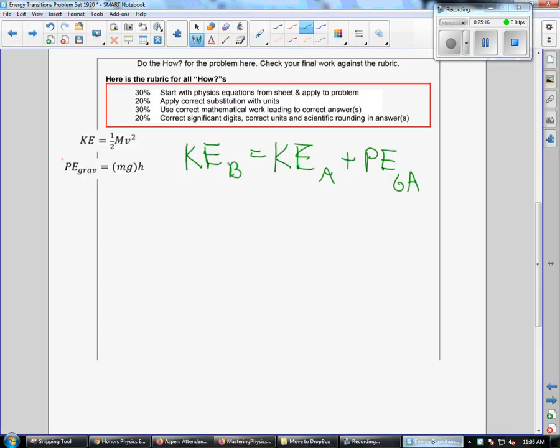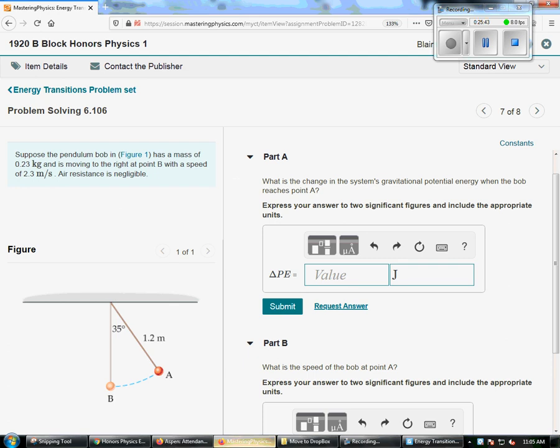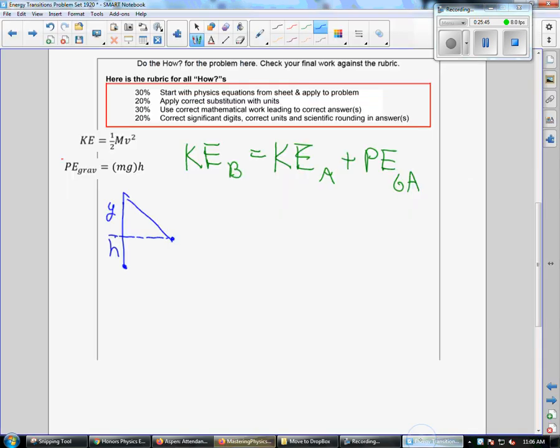So, if I've got here, and here, this is H, I call this Y. For me, that length is 1.2 meters.